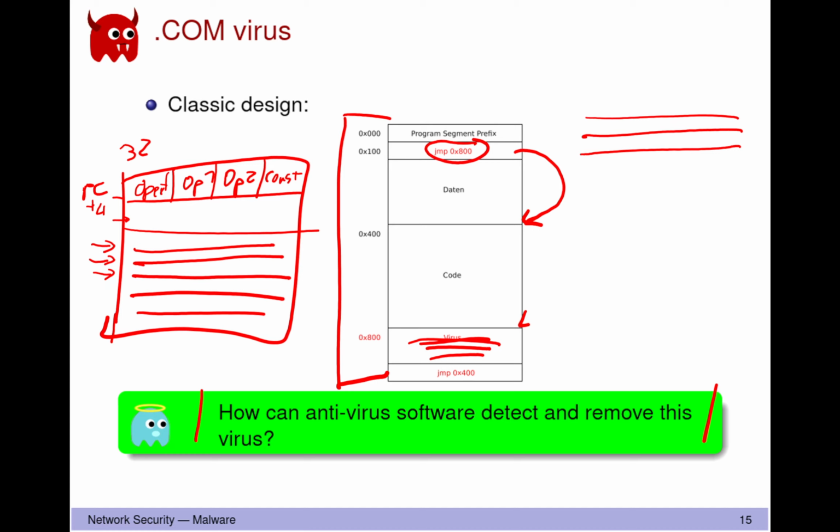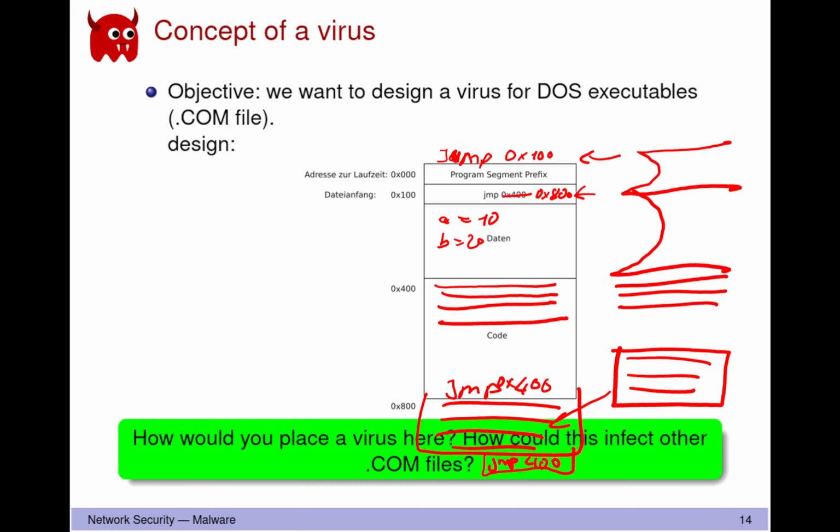But let's assume we would have as a countermeasure the pattern that in the beginning there should always be a jump to 400. What would the virus creator now do? Let's say you have to live with this constraint.